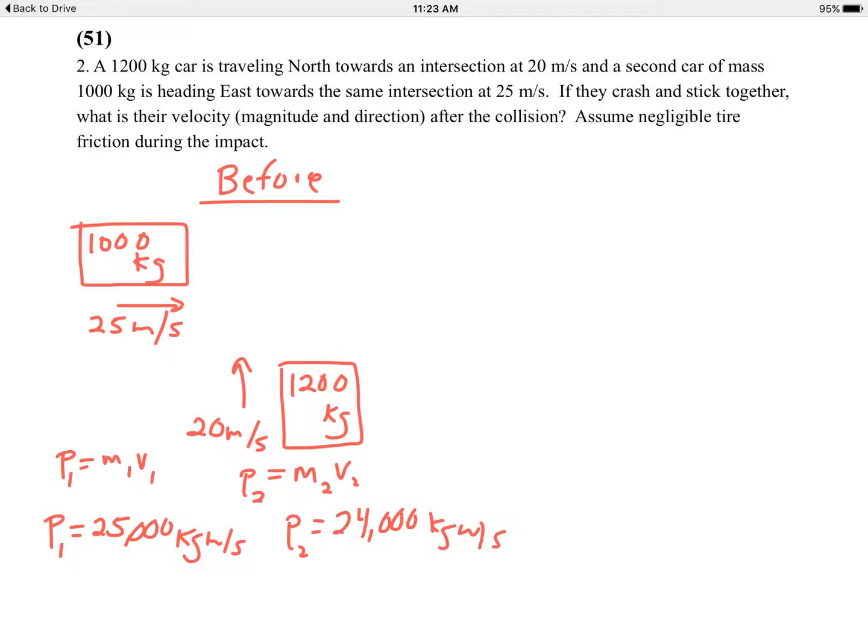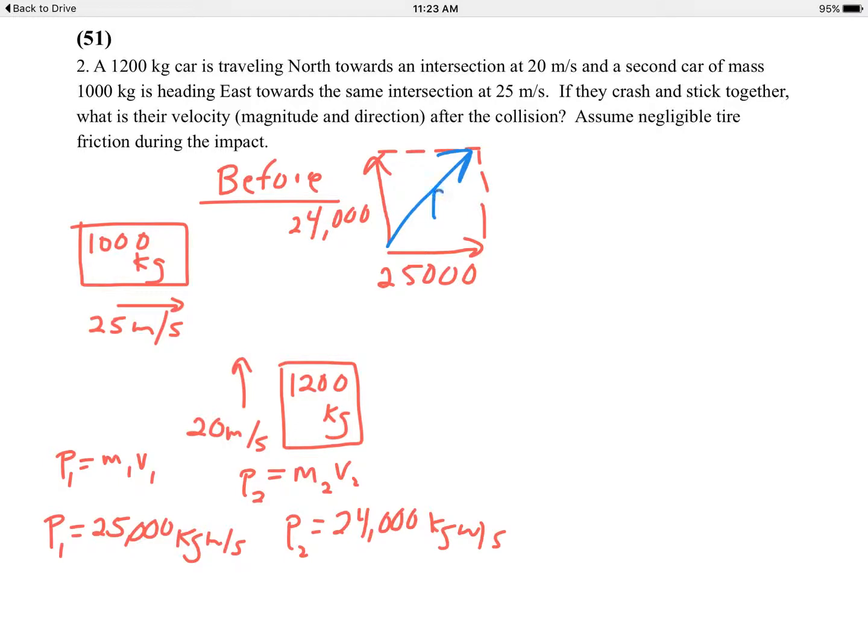And I'll draw the diagram up to the right here. If we have 25,000 units of momentum to the right and 24,000 units of momentum to the north, then the total momentum, if we make our vector diagram, our resultant will be, I'll do it in blue, that's our resulting momentum.